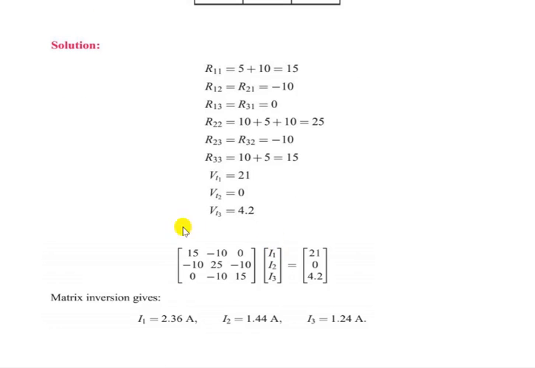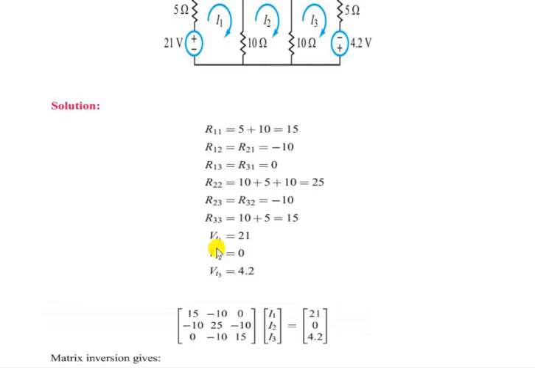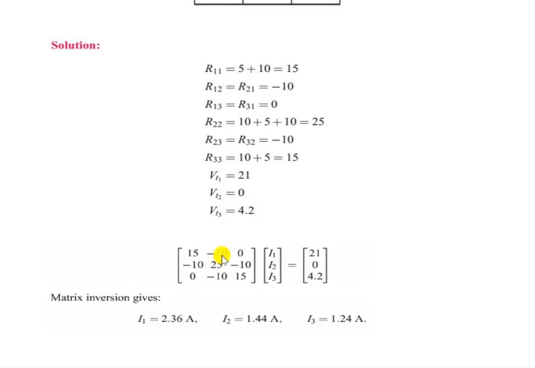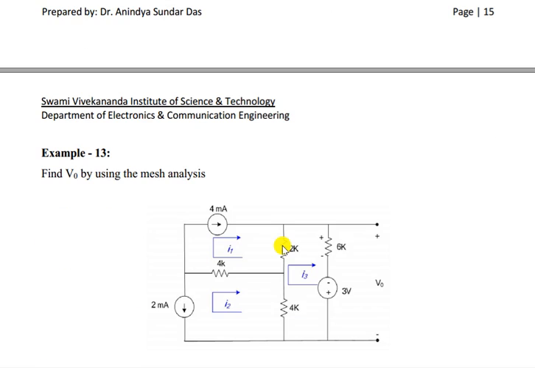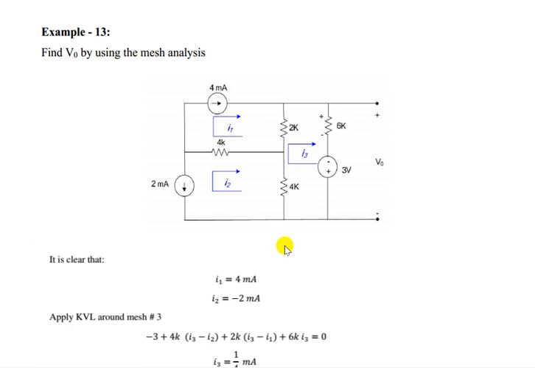So then we can write the matrix form, that is R11, R12, R13, R21, R22, R23, R31, R32, R33, I1, I2, I3, and the constant term V mesh 1, mesh 2, mesh 3, and we can solve it by Cramer's rule. Okay.